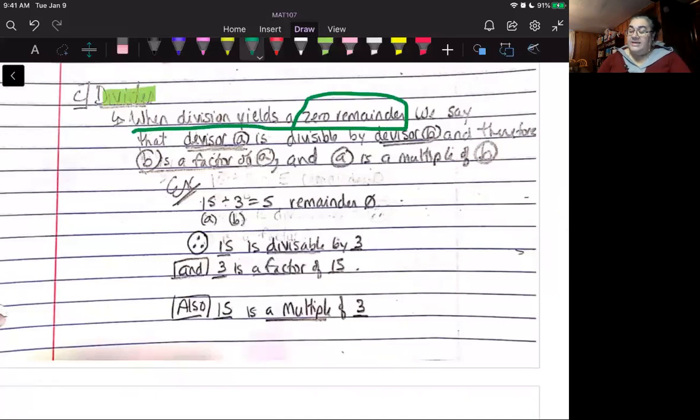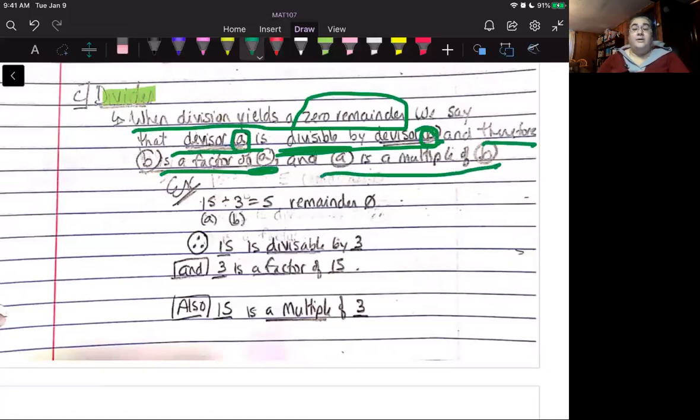What we're saying is that the thing that's being divided, A, is divisible by the divisor B, the number we're dividing by, and the number we're dividing by is therefore a factor of the number that is being divided because there is no remainder. And this means that A is definitely a multiple of B.